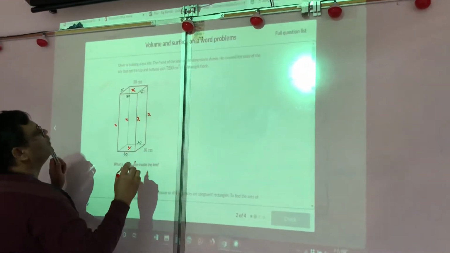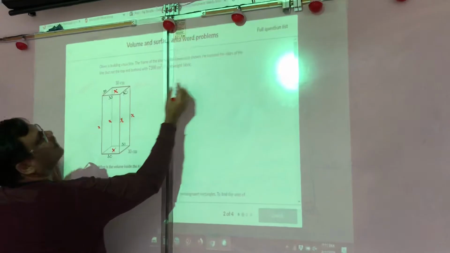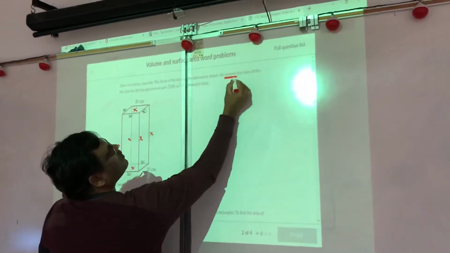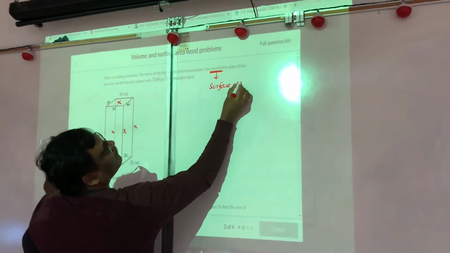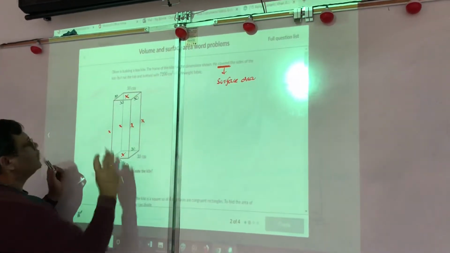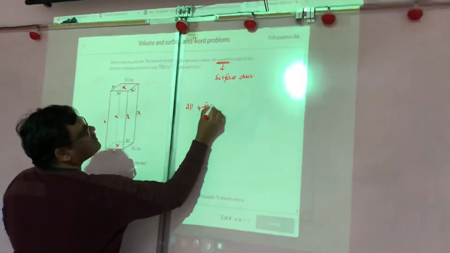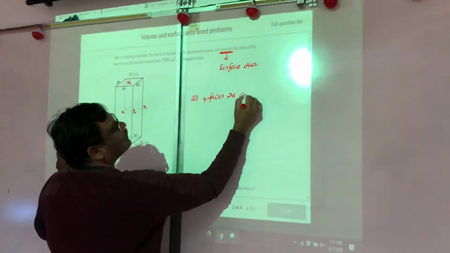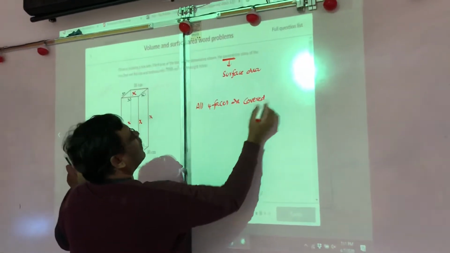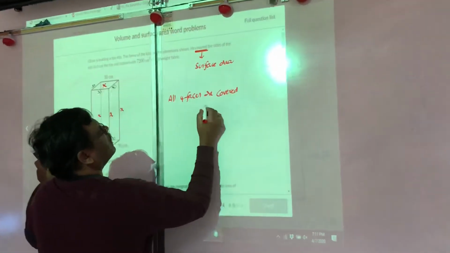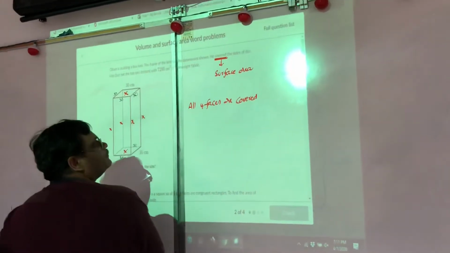Now, when he covers, covers means it relates to surface area, right? So now all four faces are covered, and the area is given here.